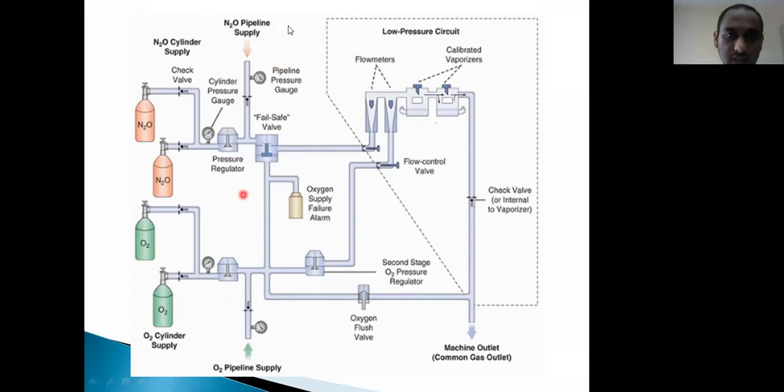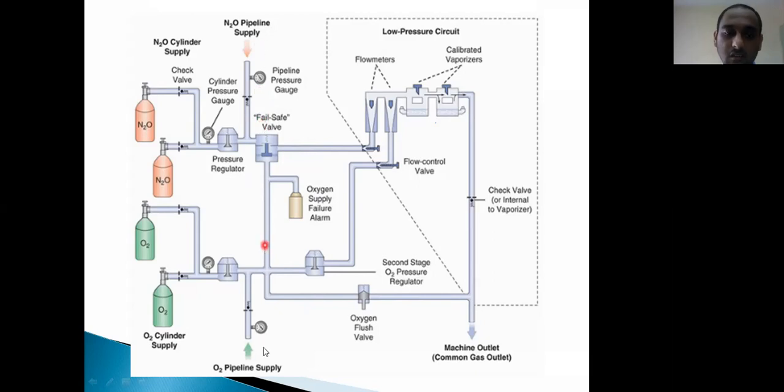Then you can see this is the pipeline supply, nitrous supply and oxygen pipeline supply, and we have the pressure gauge here as well, and the one-way check valve. We are entering directly into the intermediate pressure system and going to the various other components which we will cover subsequently.